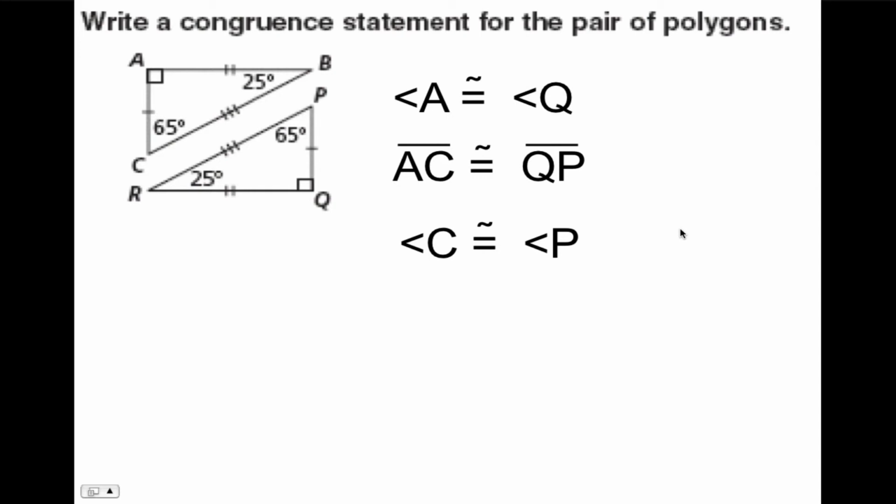So this is one of the tried and true methods: angle, side, angle. And when you get to geometry, you'll learn side, side, side, and side, angle, side. But we'll just rest with this and go ahead and name the corresponding parts as we name the triangles. So that would be ABC is congruent to QRP. And once again, it means that all their sides have equal measure and all their angles as well.